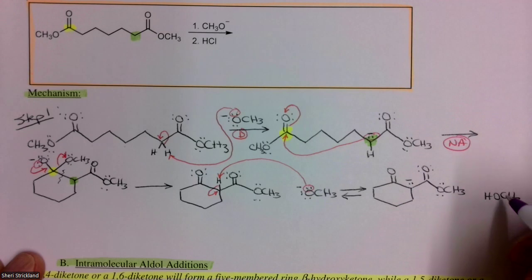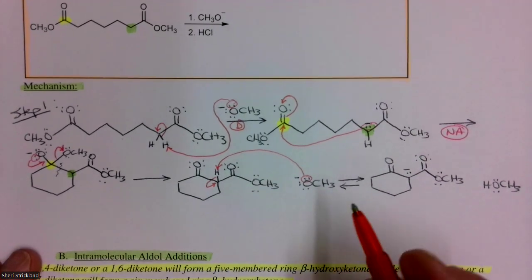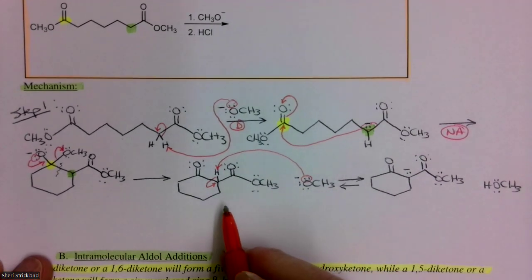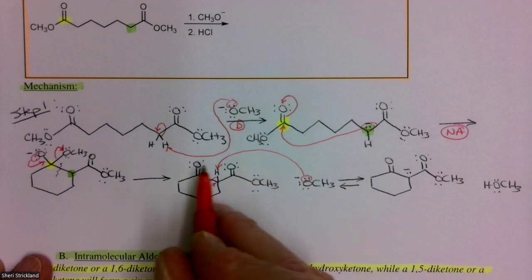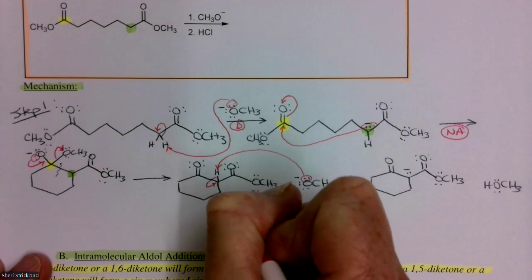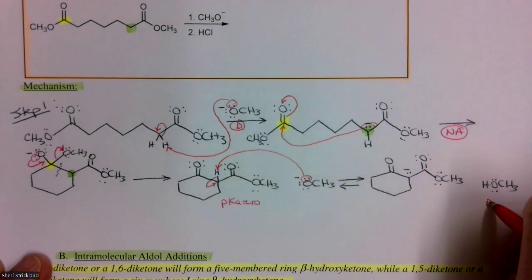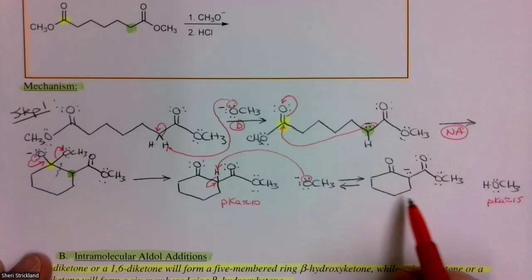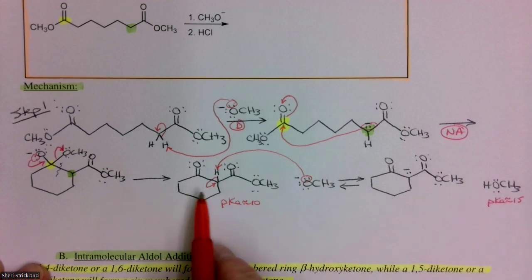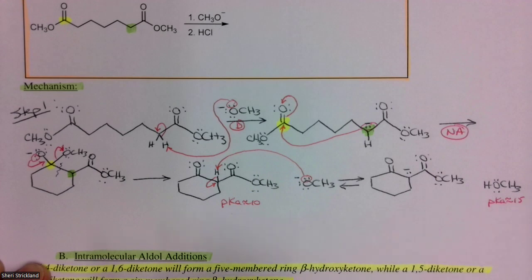All right, and so we can check the pKa's because that's how you check to see which side of an acid-base equilibrium is preferred. And so the pKa here is about 10, and the pKa here is about 15. So it's going to prefer this side, which means that this looks like it should be the product, but it's not.